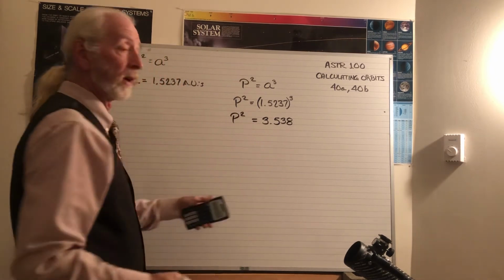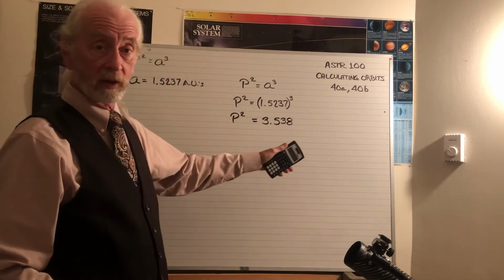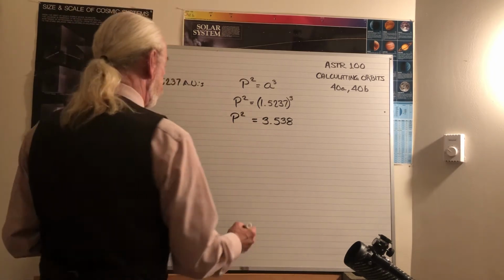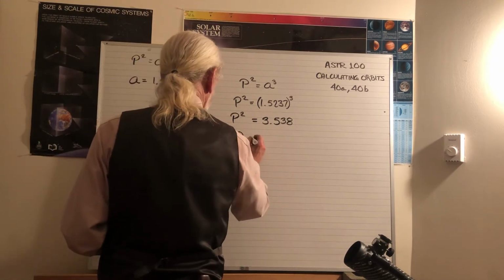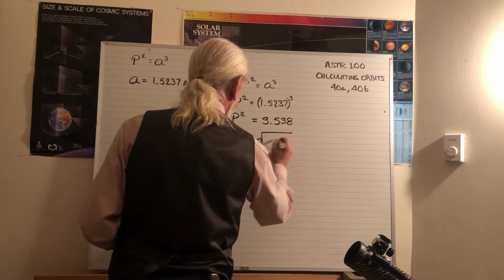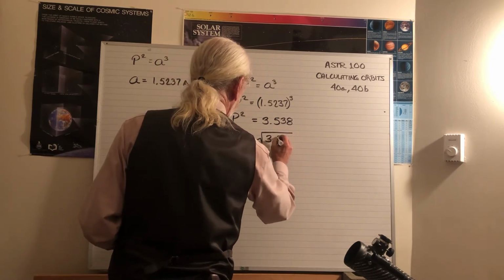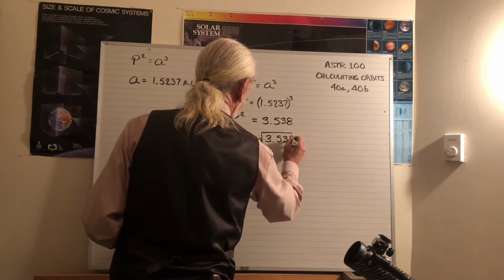I don't want p squared, I just want p. So how do you unsquare something? You square root it. So p is going to equal the square root of 3.538.